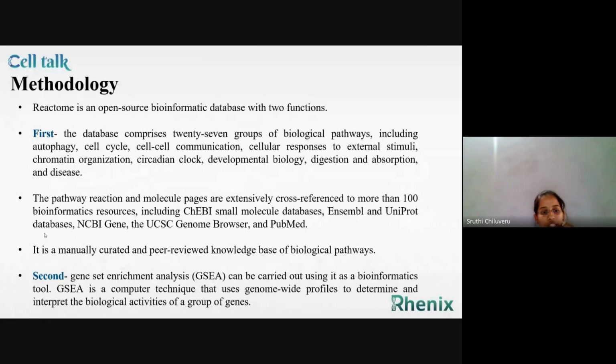It is a manually curated and peer-reviewed knowledge base of biological pathways. This is the first function, and the second one is gene set enrichment analysis, GSEA, that can be carried out using it as a bioinformatics tool. GSEA is a computational technique that uses genome-wide profiles to determine and interpret the biological activities of a group of genes.